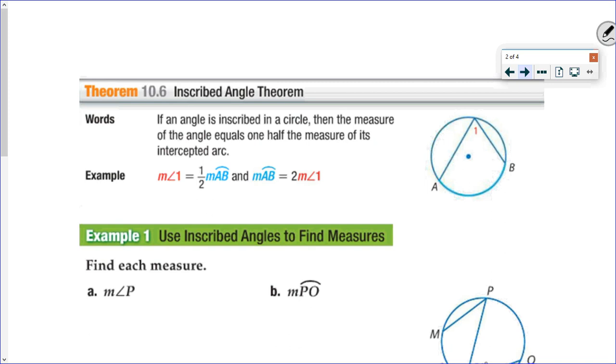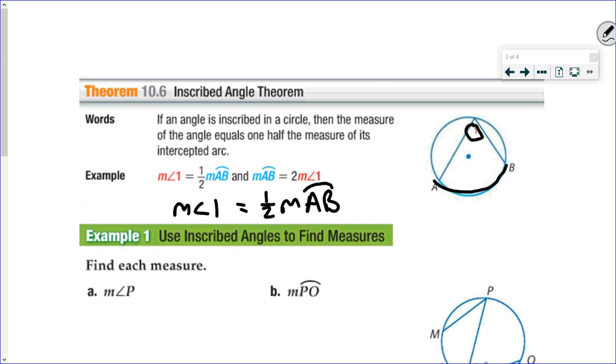So here, if we're talking about angle 1, the measure of this angle is 1/2 the measure of the intercepted arc, which in this case would be arc AB. And then, of course, it follows that the measure of arc AB is 2 times the measure of angle 1. So you kind of go either direction here.